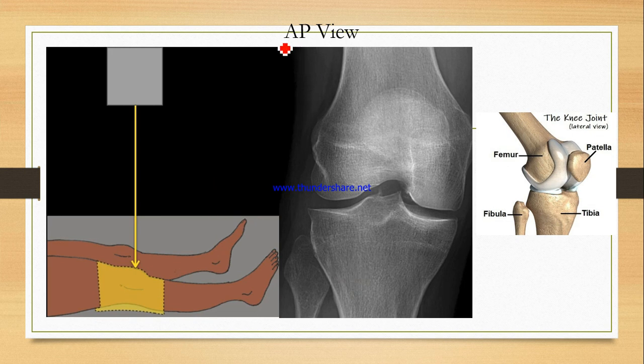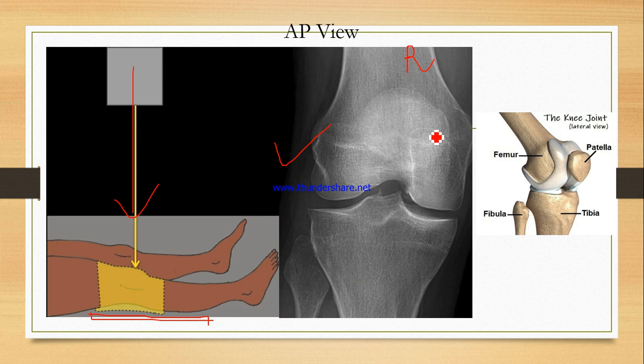First is the anterior posterior view. Here, this is the right leg, so this film is the AP view of the right leg. The radiological film is placed on the posterior side of the leg, and the X-ray is exposed from the anterior side. So this view is called the anterior posterior view.